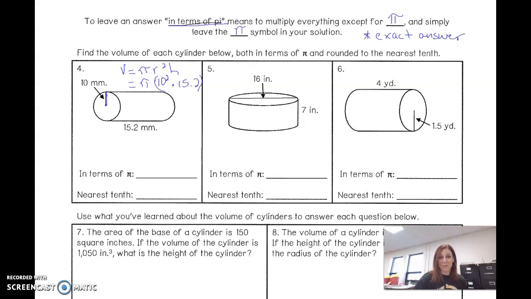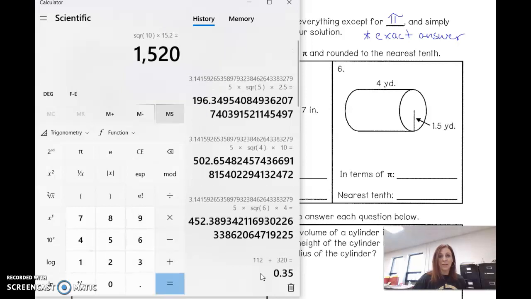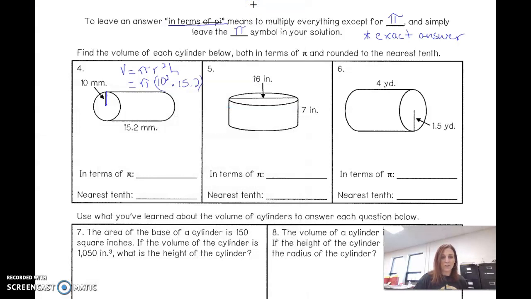Just don't include pi. So 10 squared times 15.2. Okay, so we get 1,520. So this is 1,520 pi, but we don't put the times sign. That's an exact answer. Okay, and then this would be cubic millimeters.